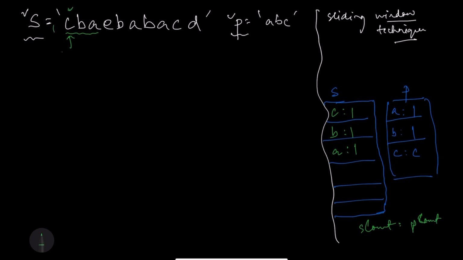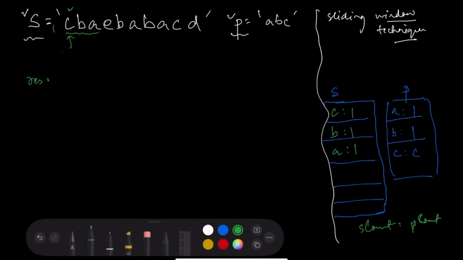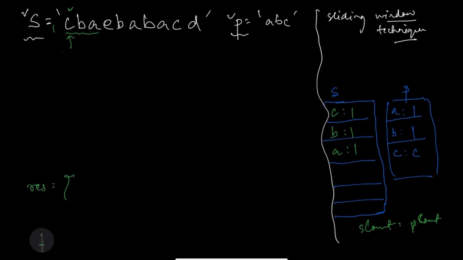Like we can see the count is same, so we found an anagram. So what we will do is we will append that in our result. Let's write it here. So we have appended our first anagram index.